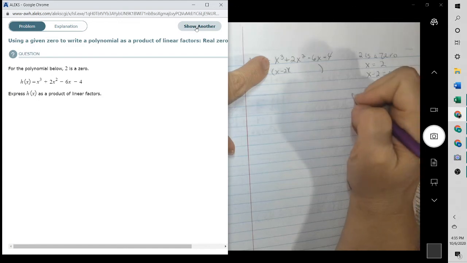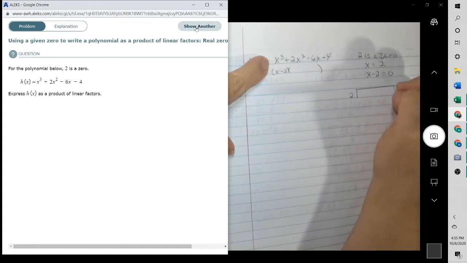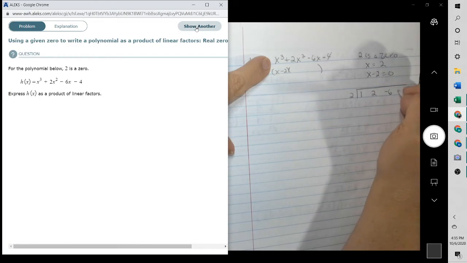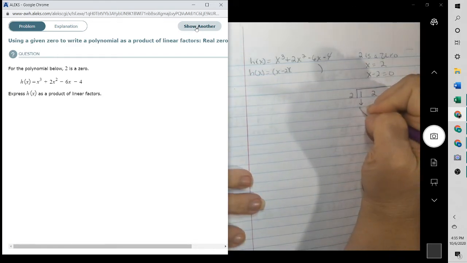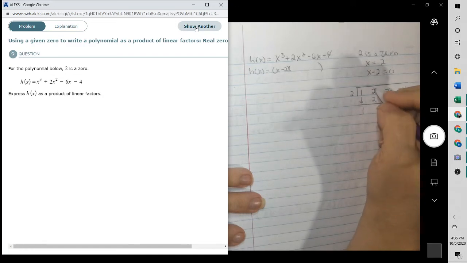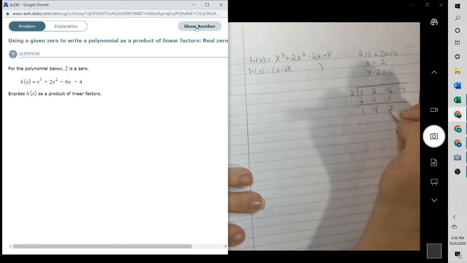I'm going to use the 0 again. So we have 1, 2, -6, and -4. Bringing down the 1, 2 times 1 is 2. Adding down, we get 4. 2 times 4 is 8. Adding down, we get 2. 2 times 2 is 4.